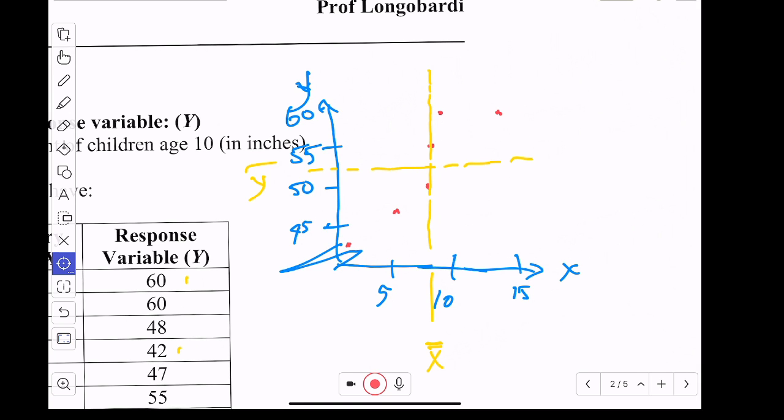High or low? High quadrant. You see that? It's all up here. All the observations are up here. When x is below its mean, so when the values of x are below x bar, where does y happen to be? In the high or the low quadrant?